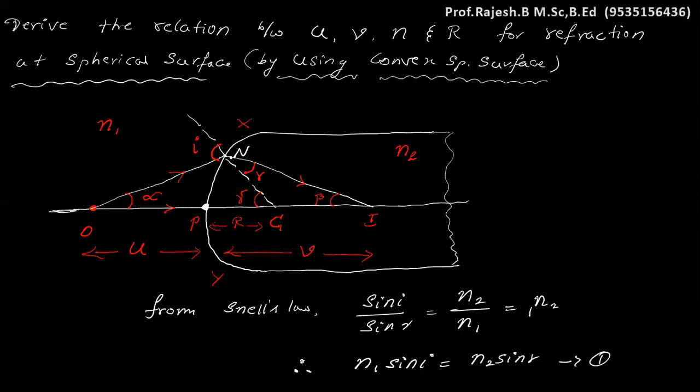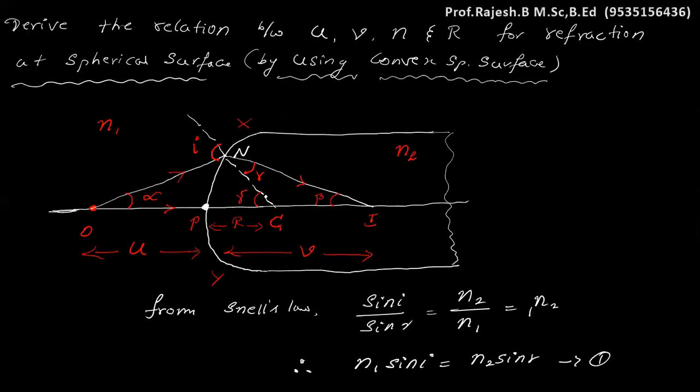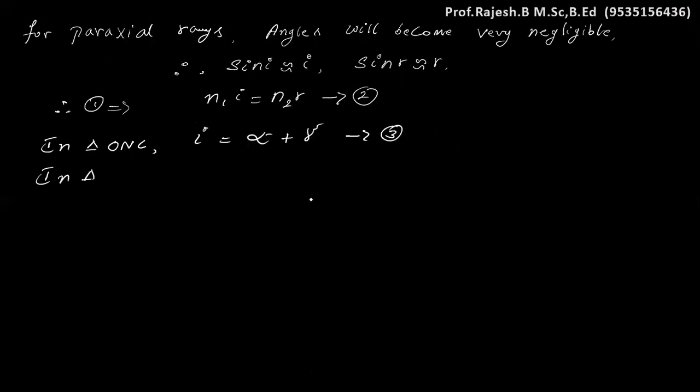First I'll consider triangle ONC. The exterior angle is I, which equals the sum of the opposite interior angles, so I equals alpha plus gamma. Call it equation 3. Next, in triangle CIN, gamma is the exterior angle, and R plus beta is the sum of the interior angles.